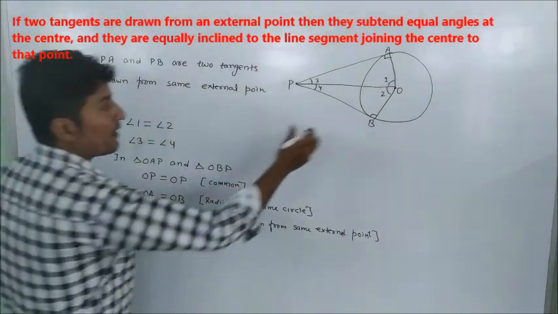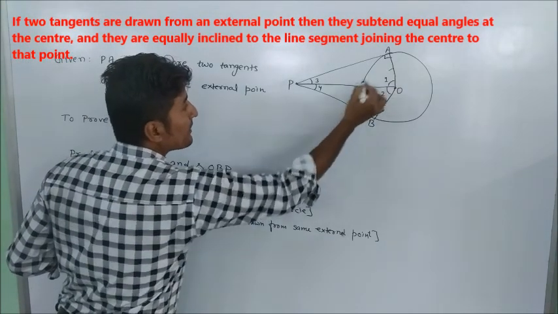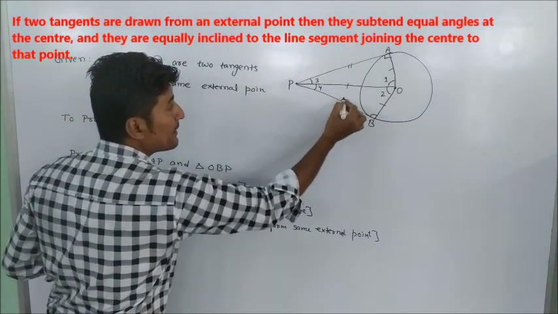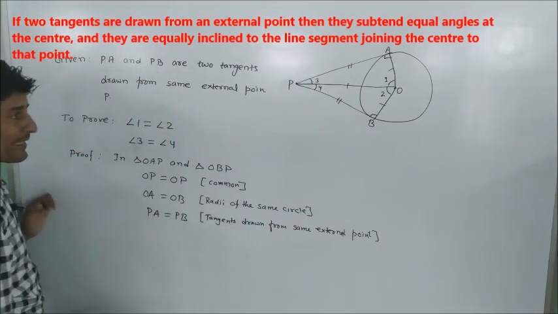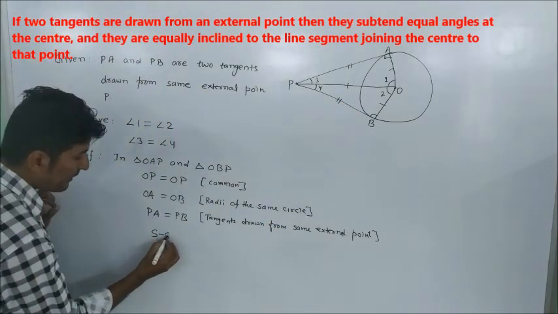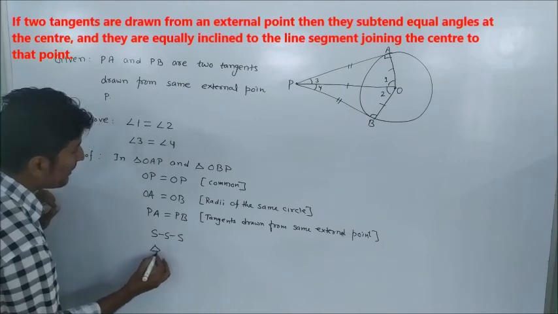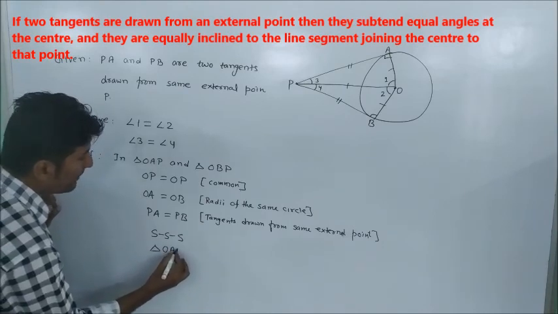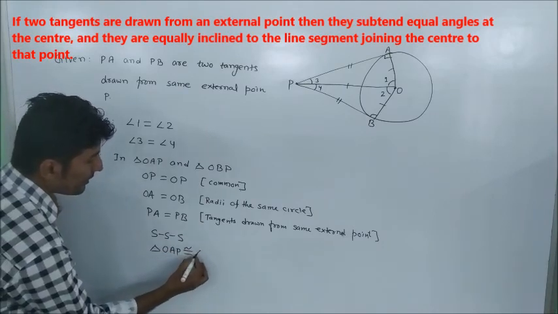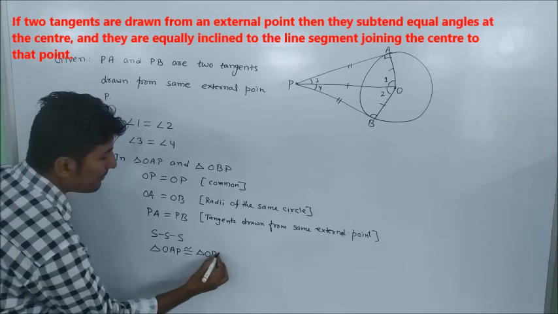After that, here we have this side equal to this side, this side is common, this side is equal to this side. So by SSS, we can say that triangle OAP is congruent to triangle OBP.